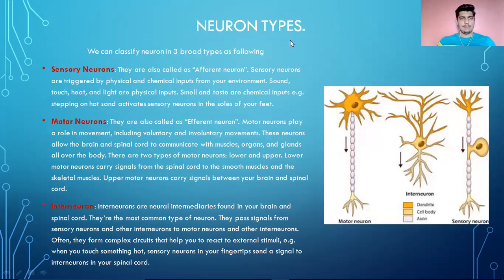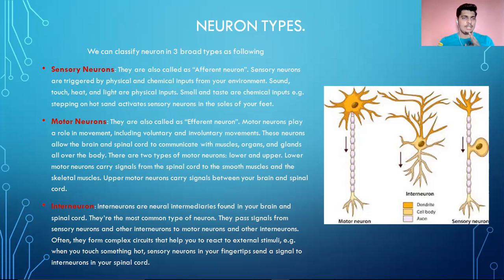Now, neuron types. We can classify neurons into three broad types as follows. So we have sensory neurons, also called afferent neurons. By its name we can guess what it might be: sensory. It senses some change in its surroundings.